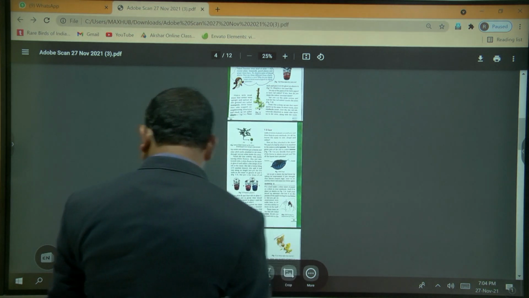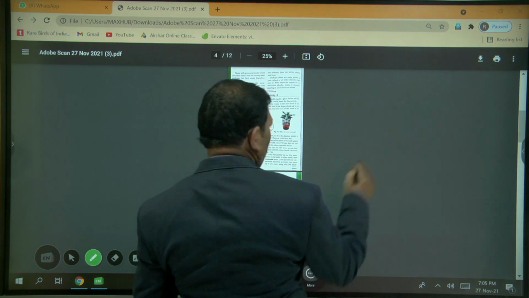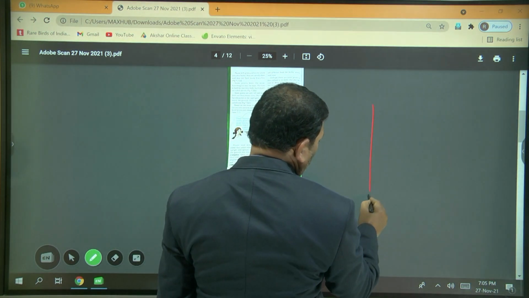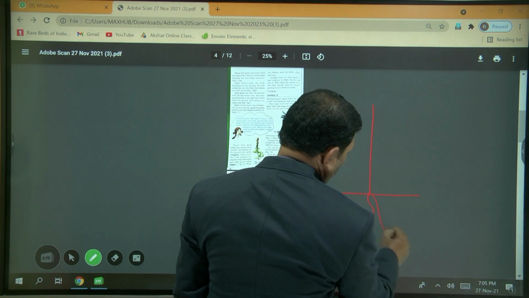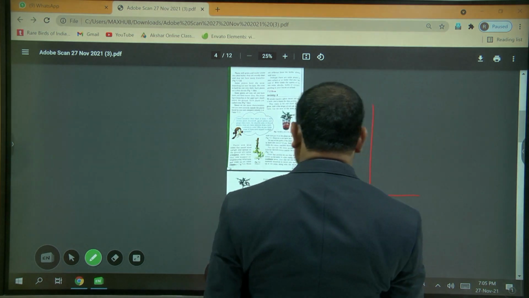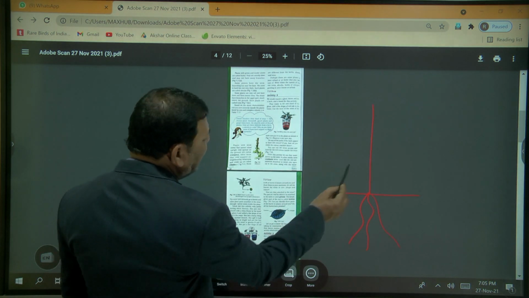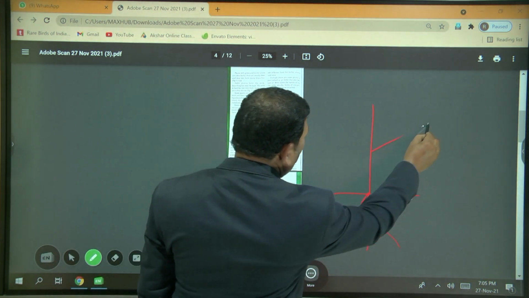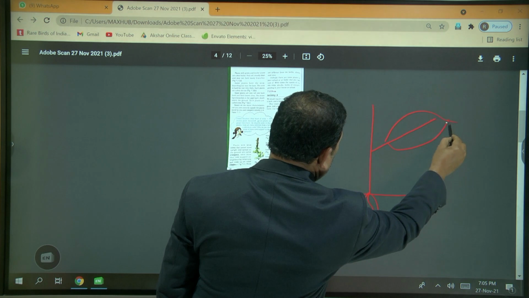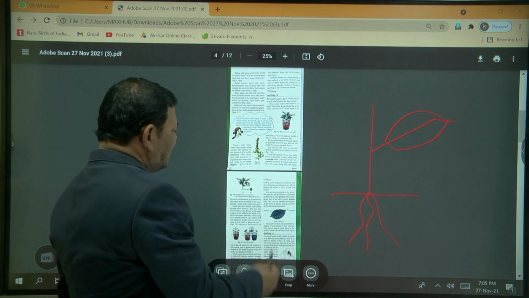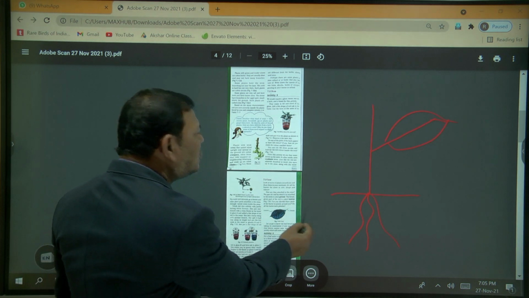When you observe, you can see here, the petiole means the part of the leaf by which it is attached to the stem.